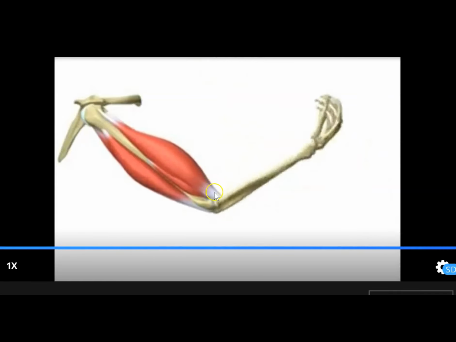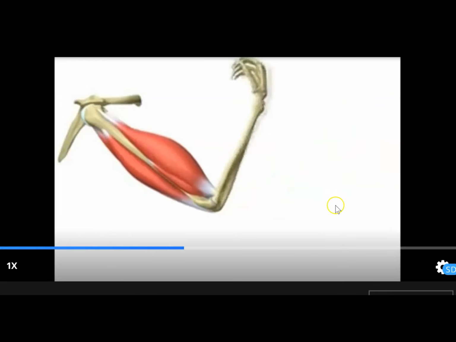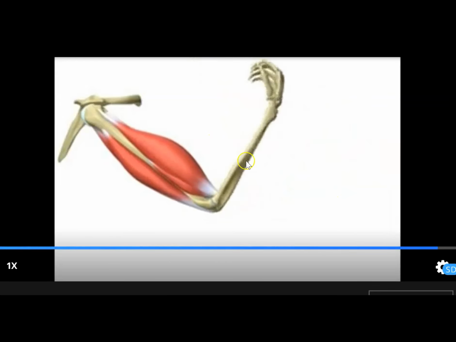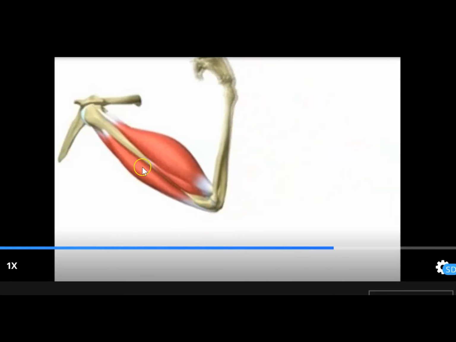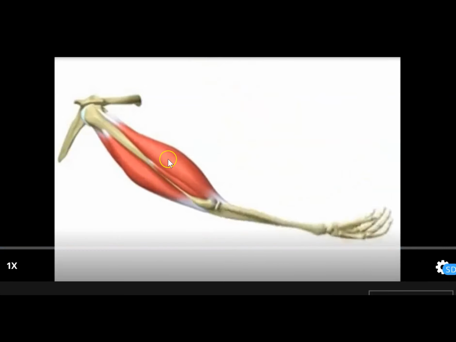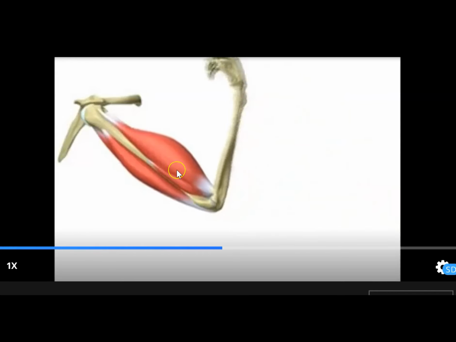Now notice that when you extend the elbow, this muscle on the posterior aspect contracts when you extend.